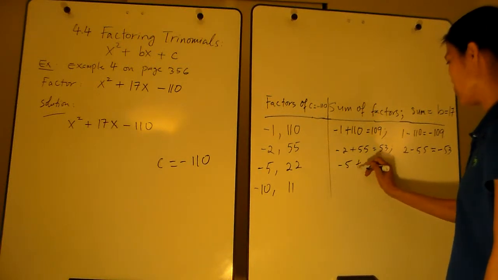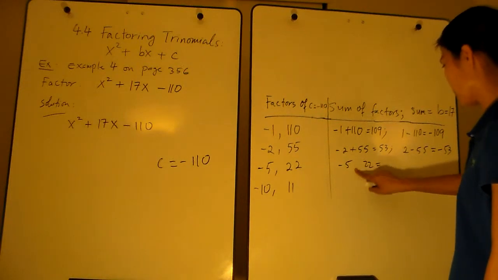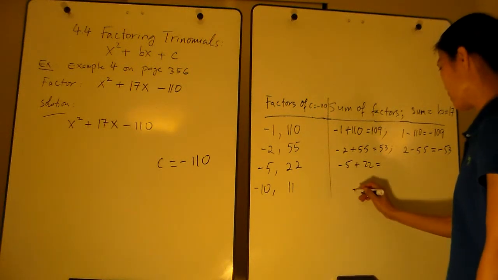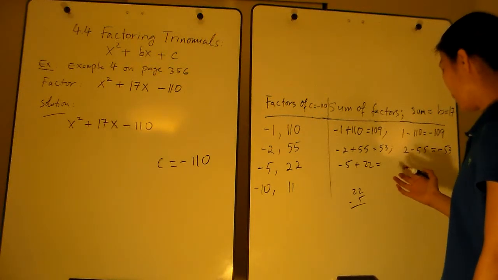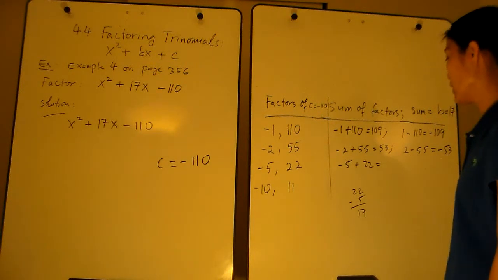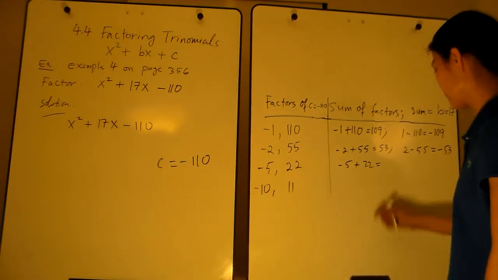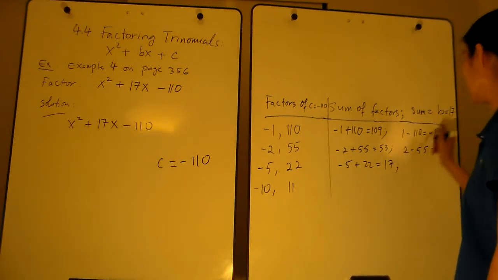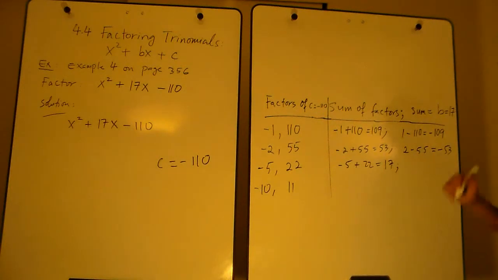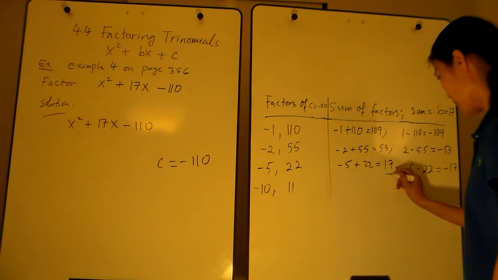Negative 5 plus 22. 22 subtract 5 is 17. Actually, this is the value of b we're looking for. Now, if you do the other way around, where 5 is positive and 22 is negative, you would get negative 17, and this is not what we're looking for. We're looking for positive 17.